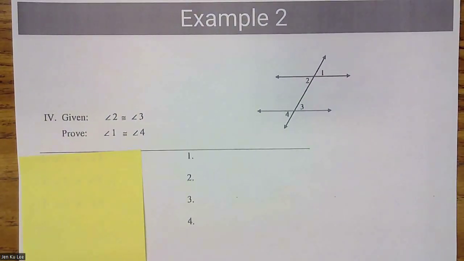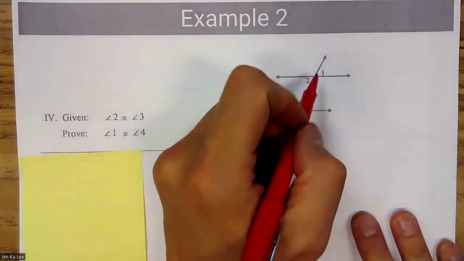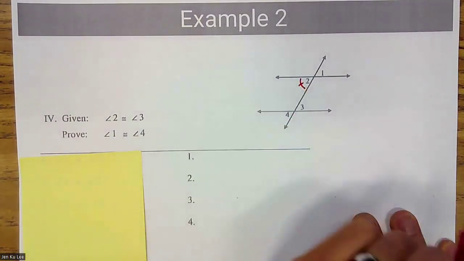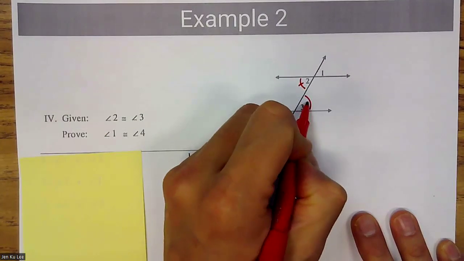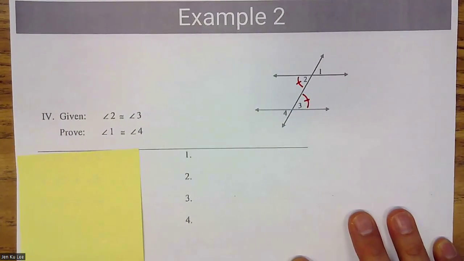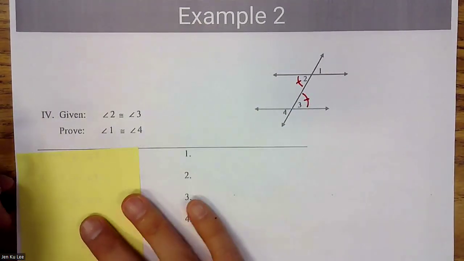So we are given the fact that angle 2 is congruent to angle 3. And we have to prove that angle 1 is congruent to angle 4.